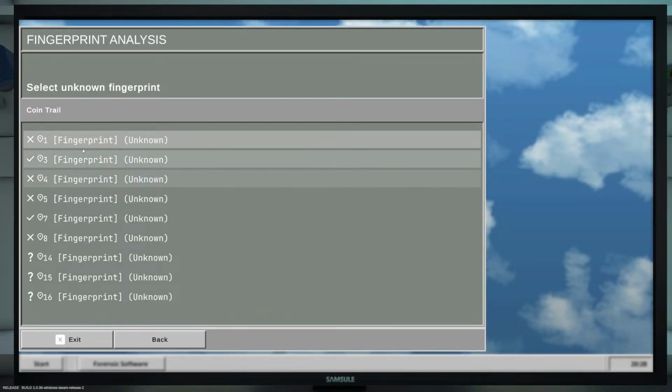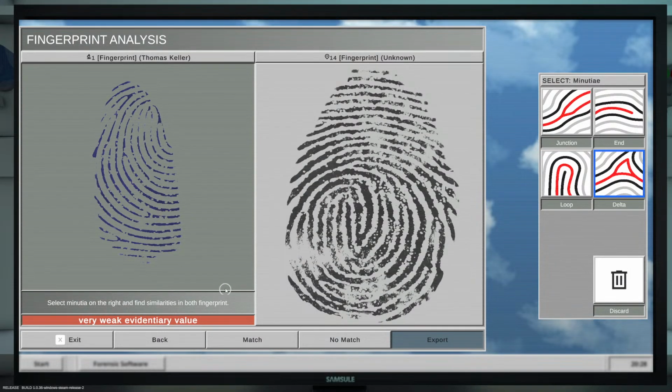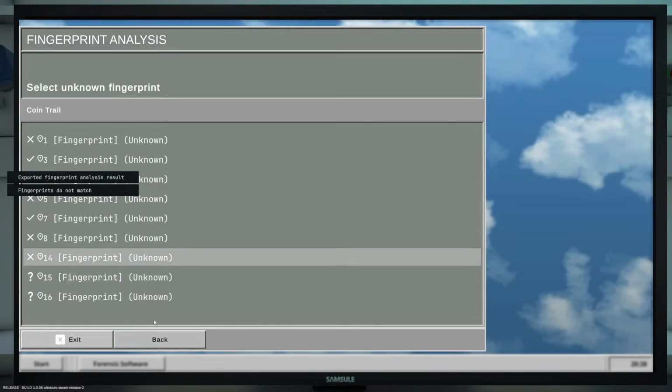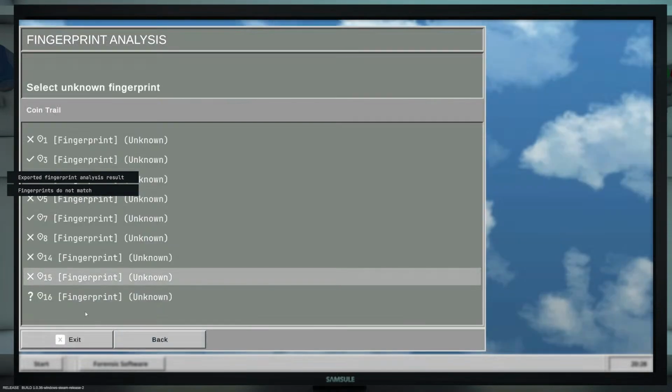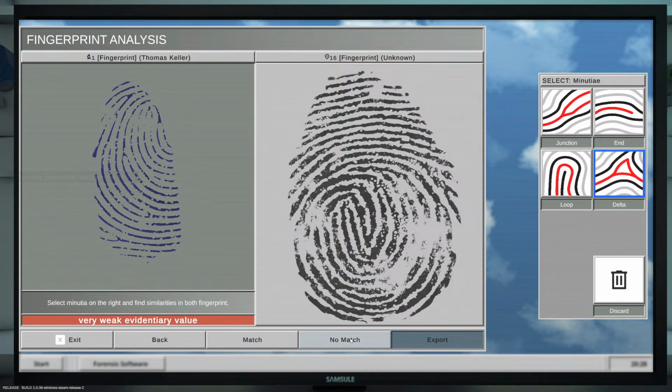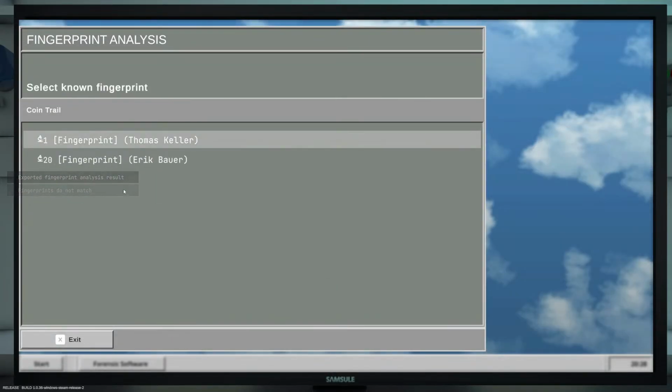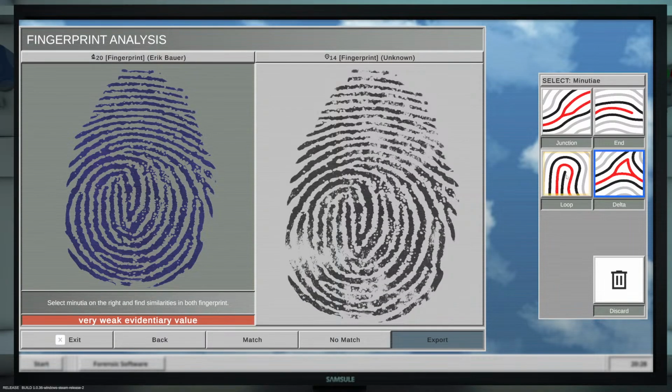Alright, we'll check Thomas first. No match. No match. And no match. Yeah, these are all going to be Eric. Yep, they all look like his. I think Eric might be our guy.